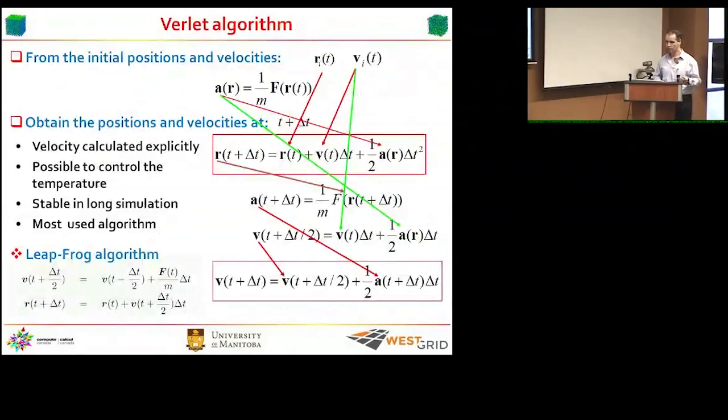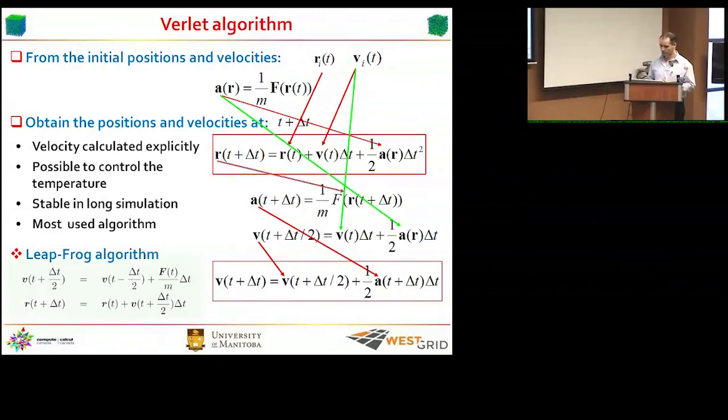So how does this algorithm work? We said we need the forces. From the potential, we compute the force, and if we have the force, we have the acceleration. If we have the acceleration, we use this Taylor's expansion. We can compute the position at time t plus delta t.